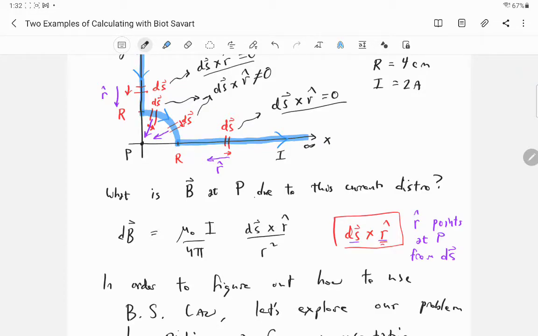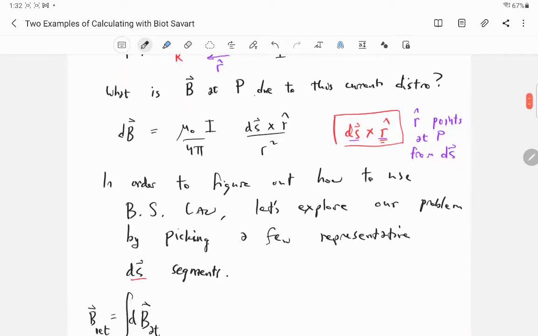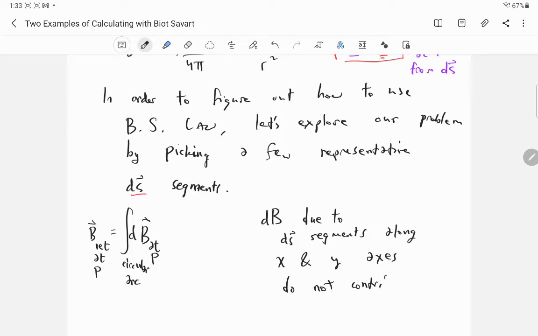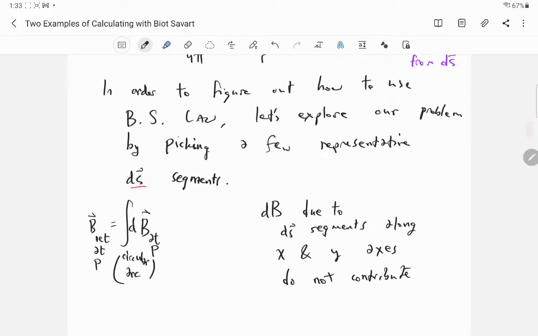And when you add 0 to a summation, to an integral, it doesn't change the value of the integral. So you only have to go along the circular arc. So dB due to ds segments along x and y axes do not contribute. So I only have to do my integral along the circular arc.